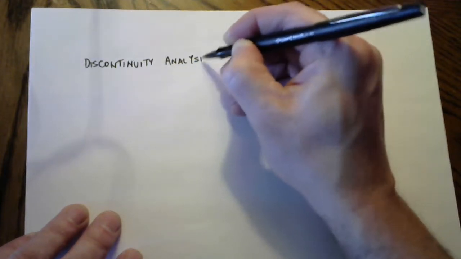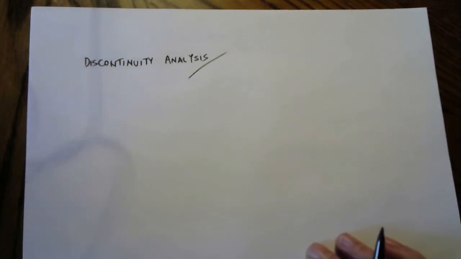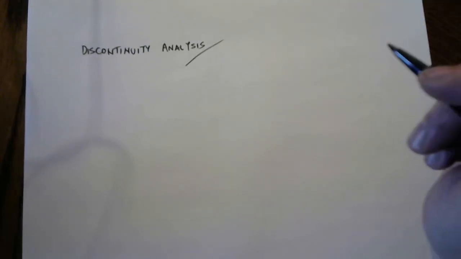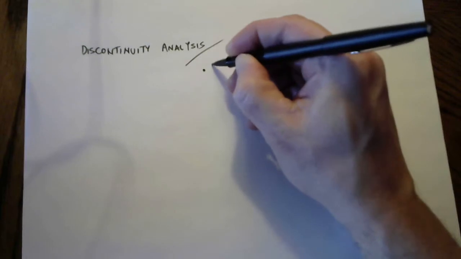Of course, you cannot find out what's happening at the discontinuity because nothing's happening there. The discontinuity is a place where the function's undefined. But what we can find out is what's happening near the discontinuity. How do we do that?